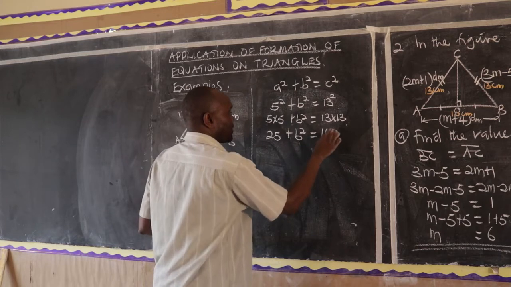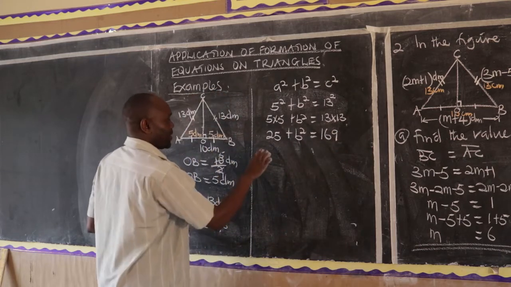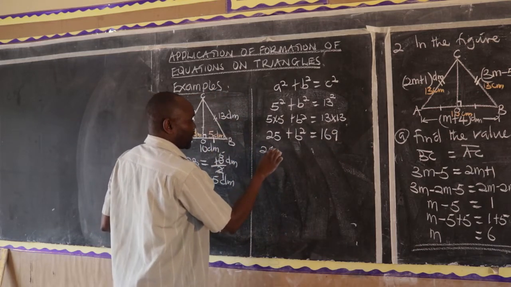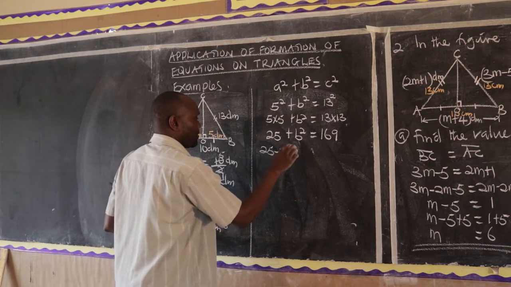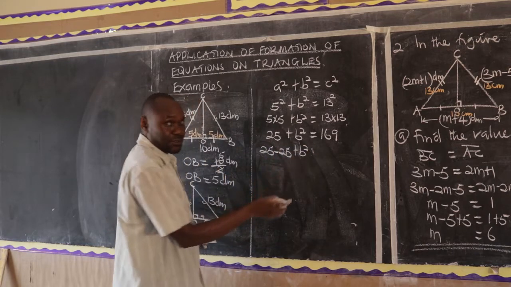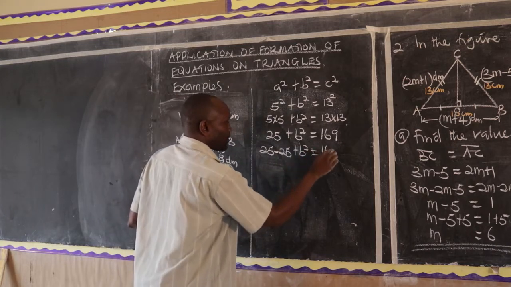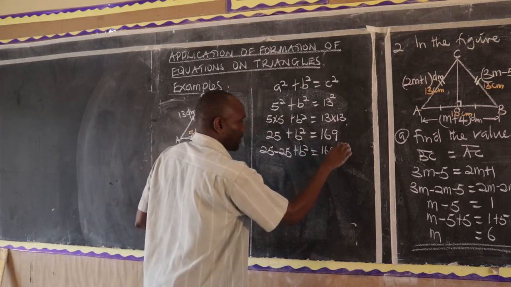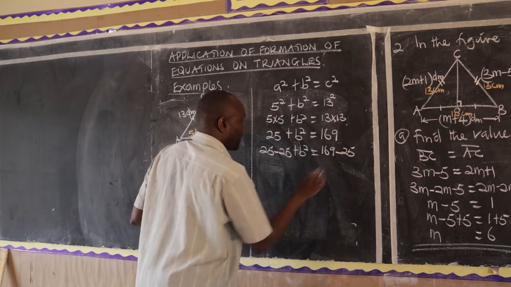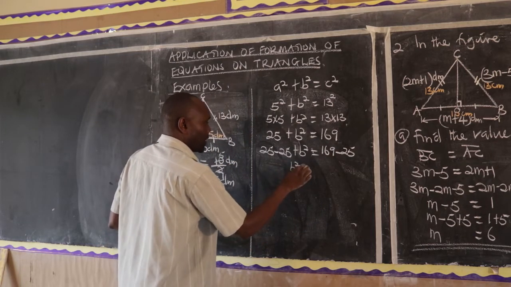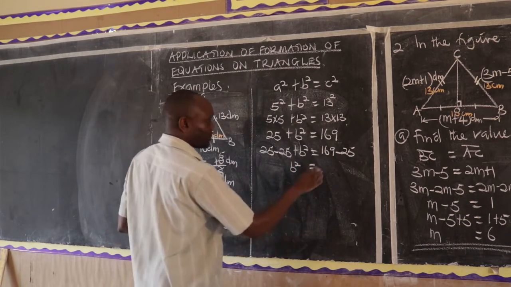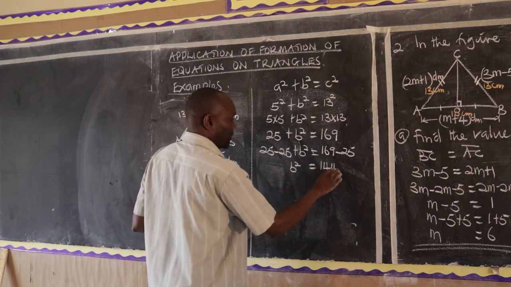That is 169. So 25 minus 25, we are collecting like terms, additive inverse, which equals 169 minus 25. So our B squared will give us 144.